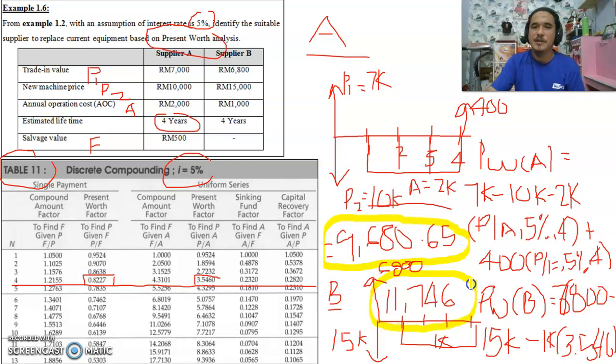So based on present worth, which one do we choose? In terms of present worth, we compare 9k and 11k, so we choose supplier A, because we can save money in terms of the present worth calculation.